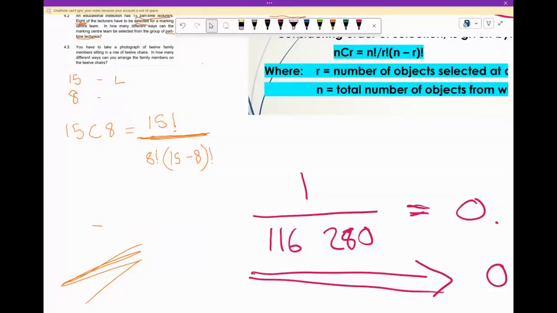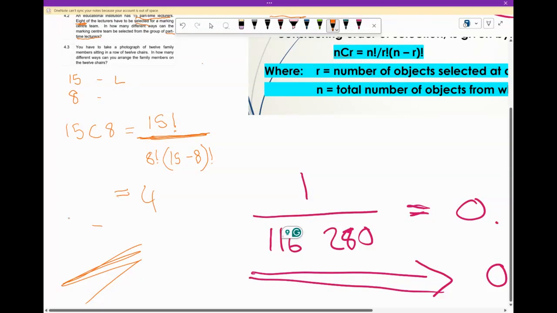Remember, here we're looking at the number of ways, or number of combinations, of 8 lecturers that we can make. We're not looking for a probability. Very important. When we punch that into our calculators, we get 6,435 ways that we can combine these lecturers.